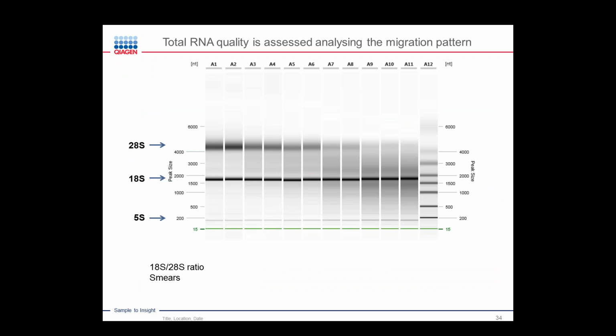The total RNA quality is assessed on the QIAxcel by analyzing the migration pattern of your sample and the 28S/18S ratio to interpret the integrity. And I guess some of you know this picture or a similar picture from the Agilent Bioanalyzer.